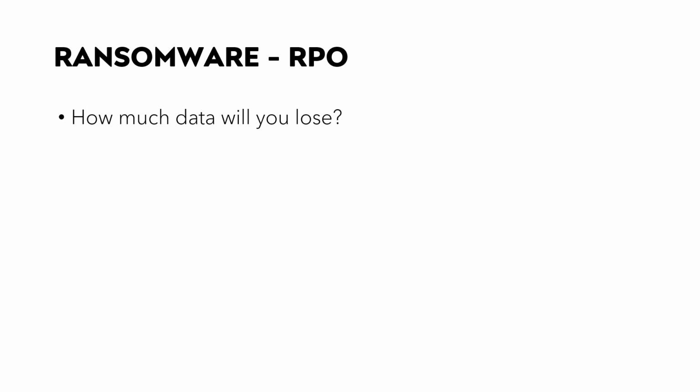And then the next question, of course, in a very similar way, is what point am I going to be able to get back to? Obviously, the closer to when the system went down, the better. And it is possible to get zero point in time recovery. You can basically say I've lost nothing, and that's not just by writing logs as quickly as you possibly can.